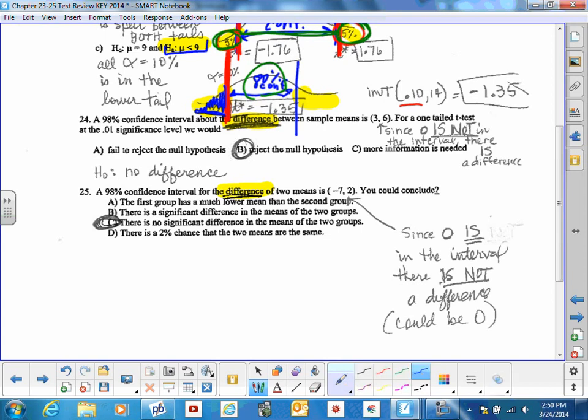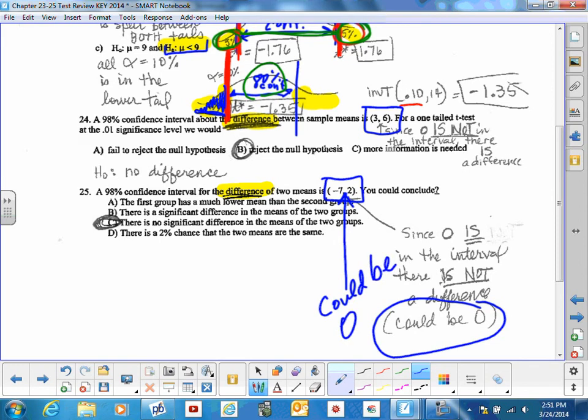As you can see on 24, 0 is not in the interval, so I am confident of an actual difference. Because if 0 is in the interval, there could be 0 difference. Am I saying there is? No. But there could be 0 difference if it's in the interval.